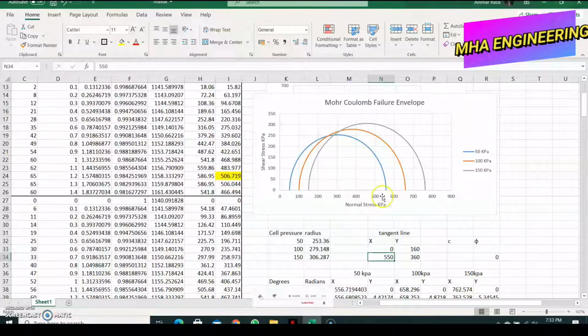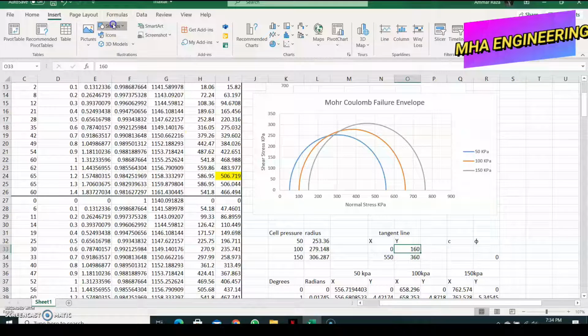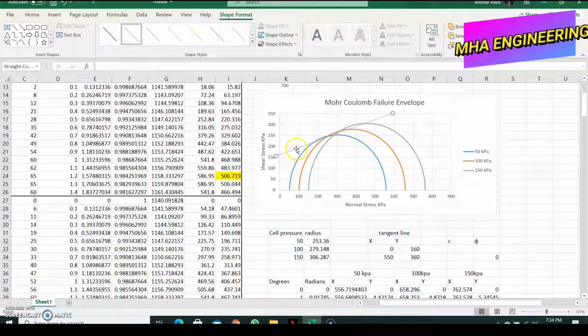And for the other point, I'm just taking a value that is over here, 550. Now if you have this on graph paper, you can easily just draw a tangent line, or if you're on Excel, you could draw a shape line like this and then move it until it touches all the points, and then guess what points those lie on to draw a proper line.